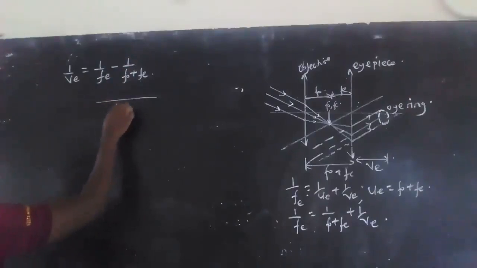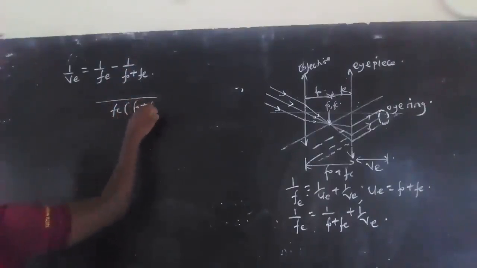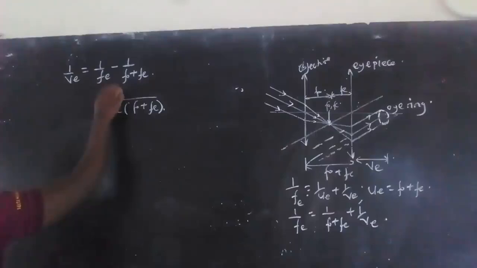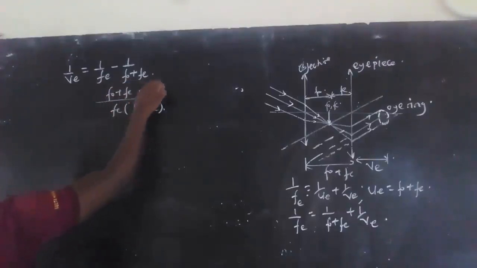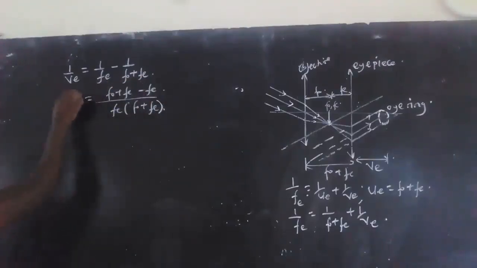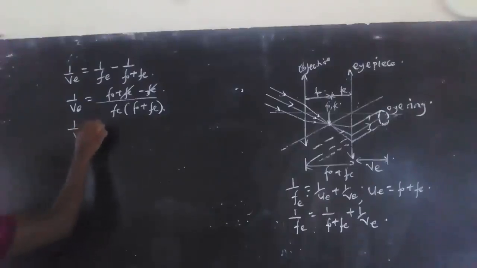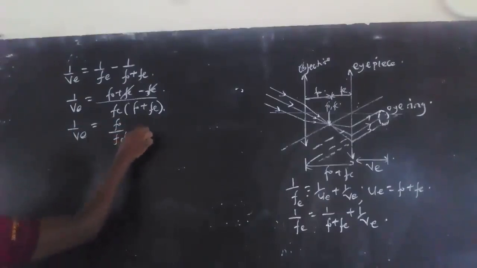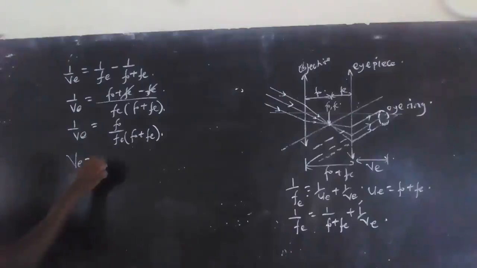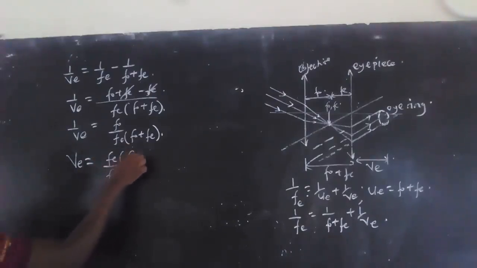LCM: fe into f naught plus fe. Here it is f naught plus fe minus fe. And this is 1 over ve. So this one will cancel with that. 1 over ve will now become f naught over fe into f naught plus fe. So reciprocate, ve becomes fe times f naught plus fe over f naught. What we get as ve: ve becomes fe over f naught into f naught plus fe.